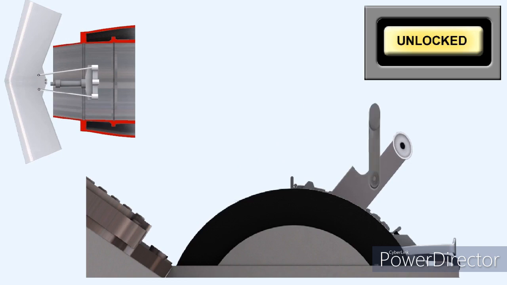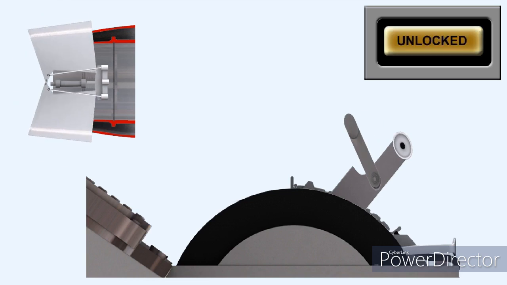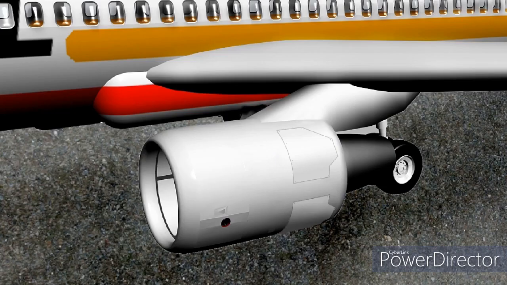If, while reverse thrust is selected, the reverser doors inadvertently move to the stowed forward thrust position, the reverse thrust lever will automatically go to the reverser deploy position. While there is normally no restriction on the upper speed at which reverse thrust can be selected, there are aircraft which have reverse thrust systems fitted that restrict the minimum speed of operation of the reverse thrust system.